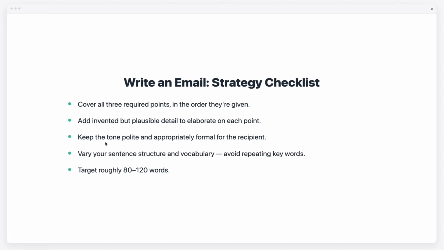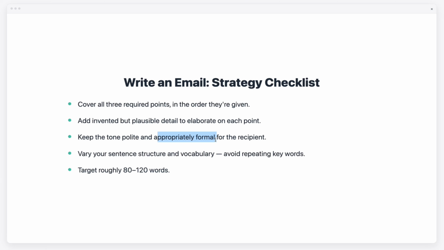I kind of disagree with this one. You need to keep the tone relevant, although in my experience, it's almost always polite. But I have seen the occasional one where a slightly angrier tone could be appropriate, although for the most part, you want to keep the tone polite and appropriately formal. Appropriately formal doesn't mean an extremely high level of formality.